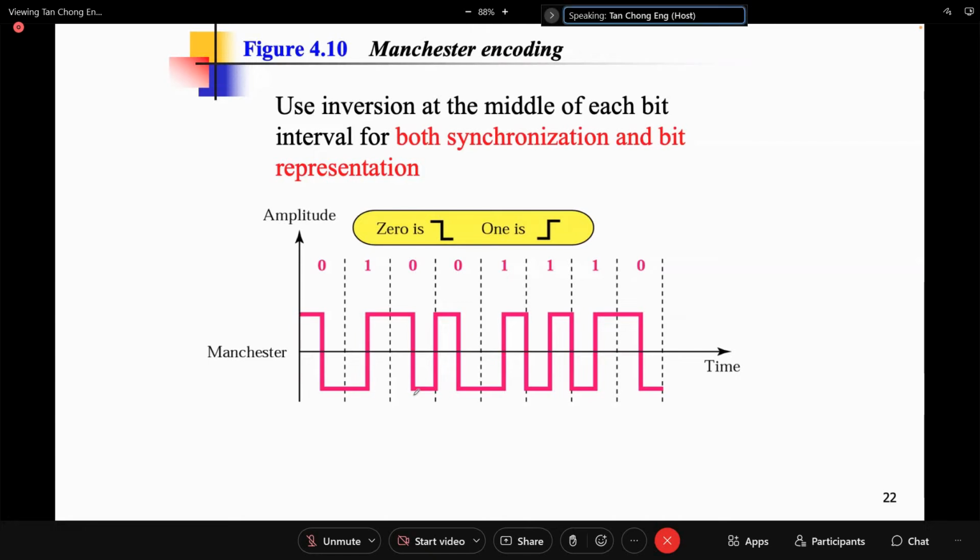So there are many different types of techniques. For example, this one is the Manchester encoding. They use the transition of this one. Maybe I should change the color of my pen. Change to blue, for example.